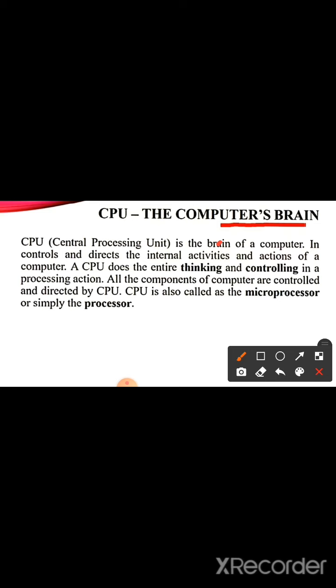So everything we do in the computer will be controlled and managed by the CPU.